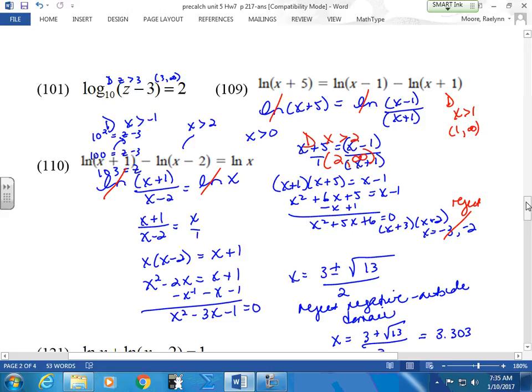We're good? Now, the reason I wrote this up here, this is where your domain comes from. So, same thing we did before with restricted domains, we can do with this one. If our domain says from 0 to infinity, our domain technically says x has to be not equal to, but greater than 0.